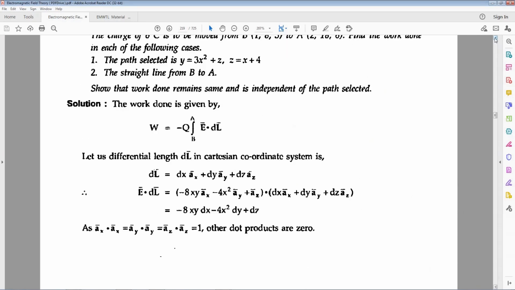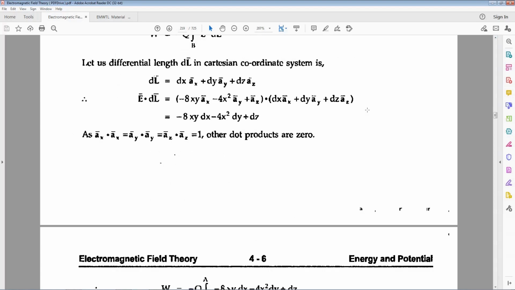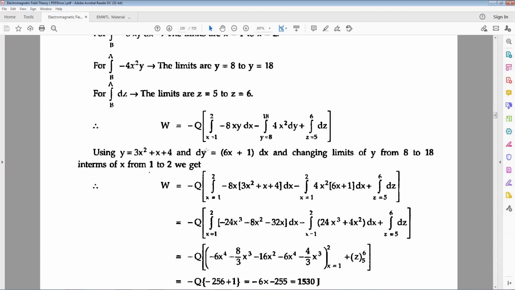Calculate the value for the work done with the path selected, 3x square plus z, where z is given as x plus 4, so 3x square plus x plus 4 here. And dy is given as 6x plus 1 into dx.